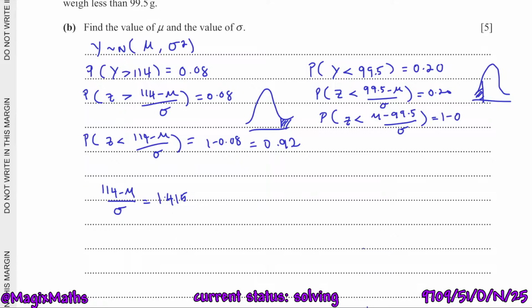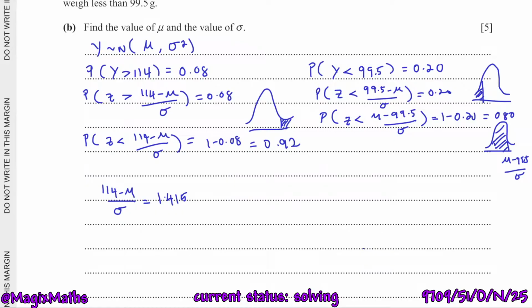And so this way, we will have this graph. So we just have to find this, and that is 0.80. We take a look at the table, looking for 0.80.